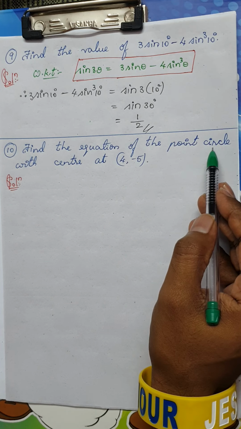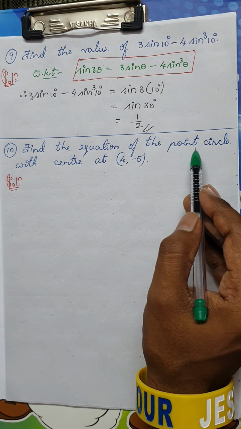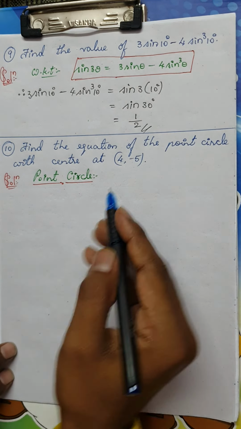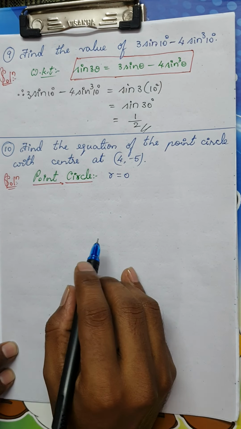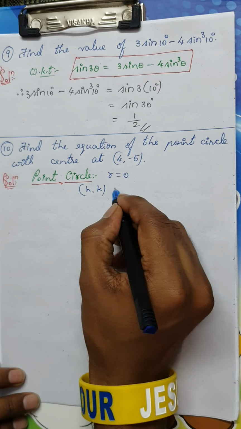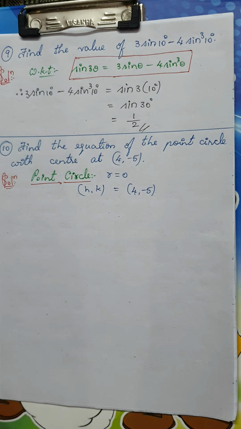What do you mean by point circle? Point circle means the radius of that circle is 0, r is equal to 0. Also, he has given h, k, which is the center, 4, -5.